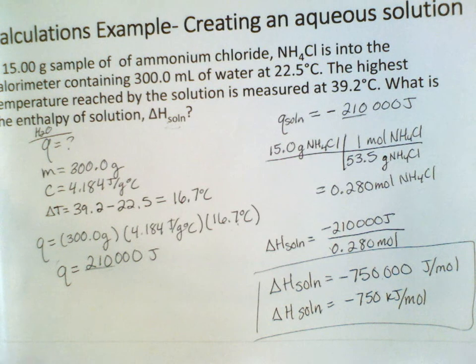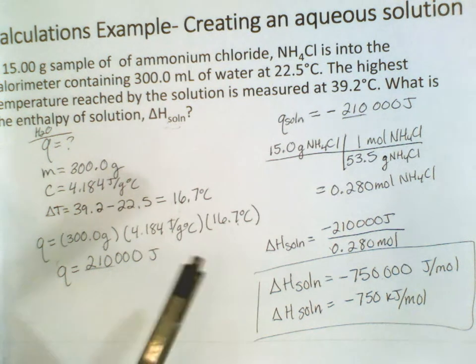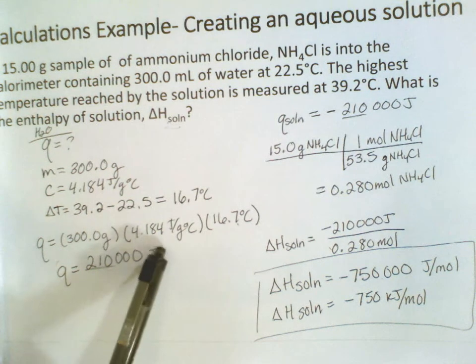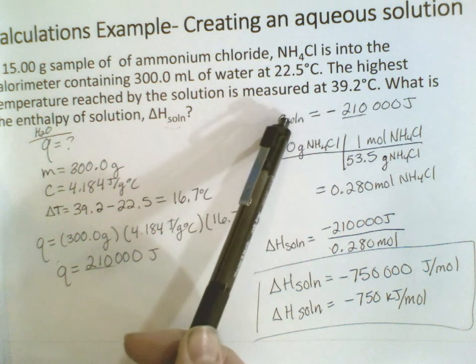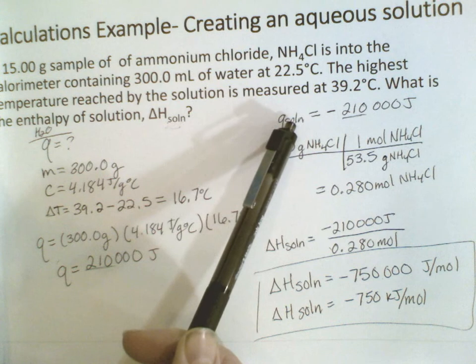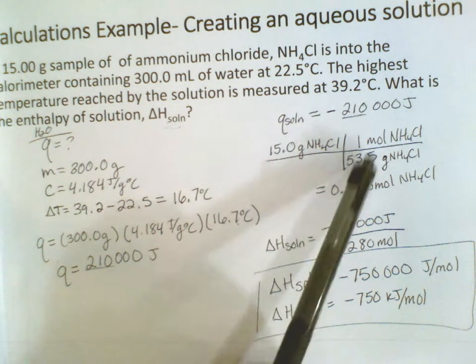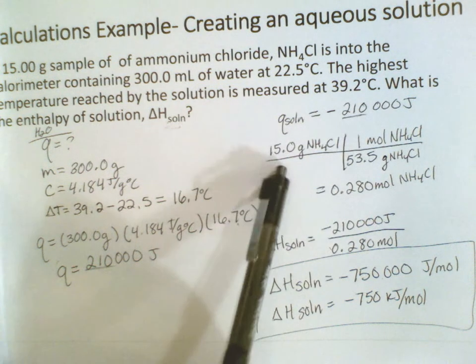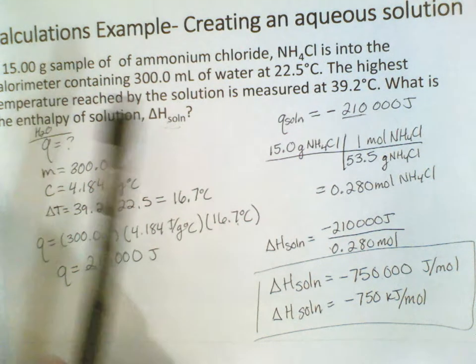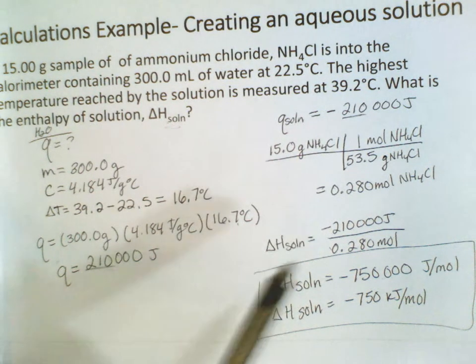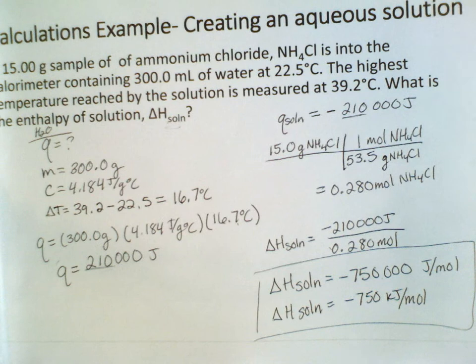Or if it's a reaction or a dissolving of a solution like this one, we'll change to our Q of our reaction or solution by making the value opposite sign. Calculate moles depending on what they're giving you, either from grams or from molarity, and then divide the two.